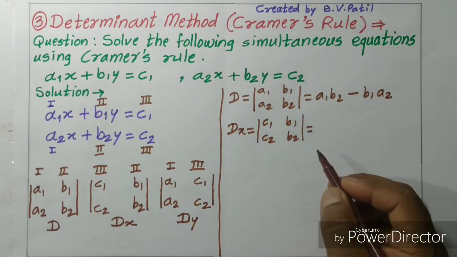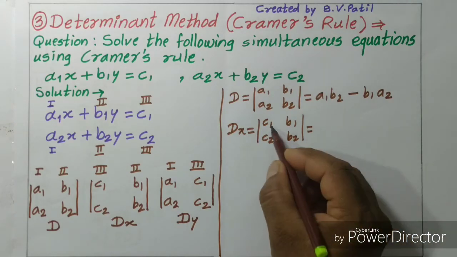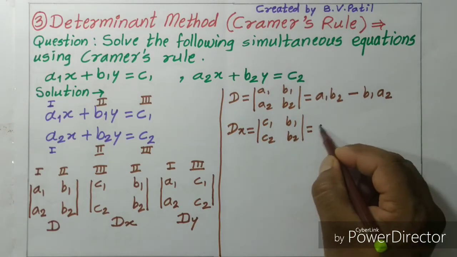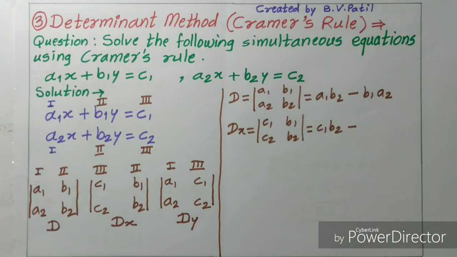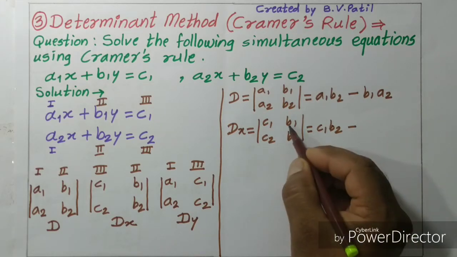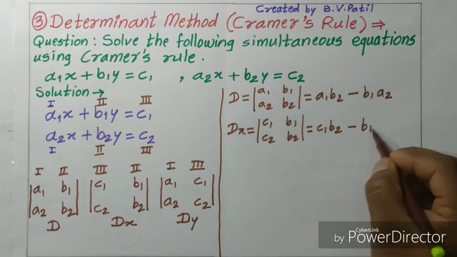The first multiplication is C1 into B2, minus, the next multiplication is B1 into C2.